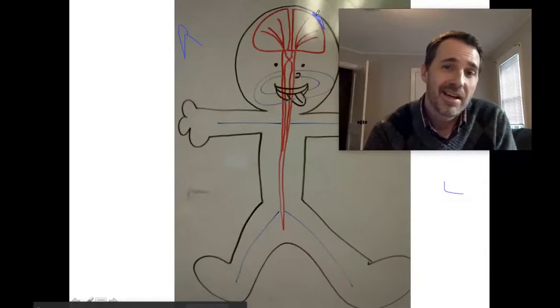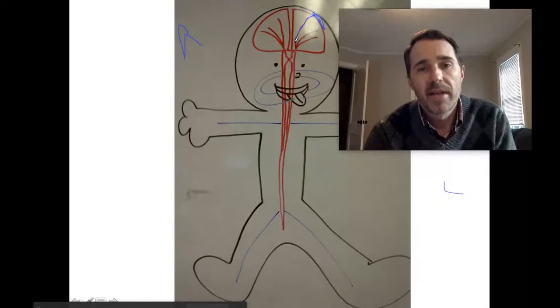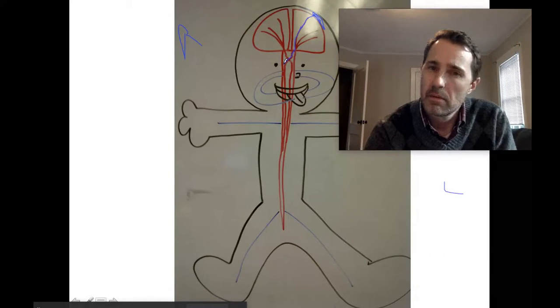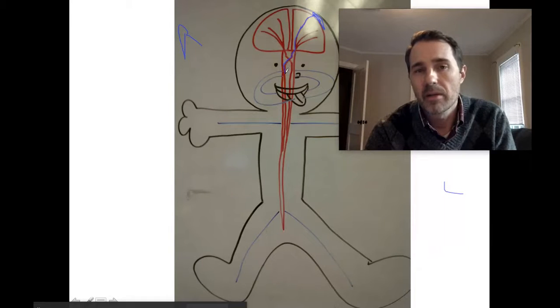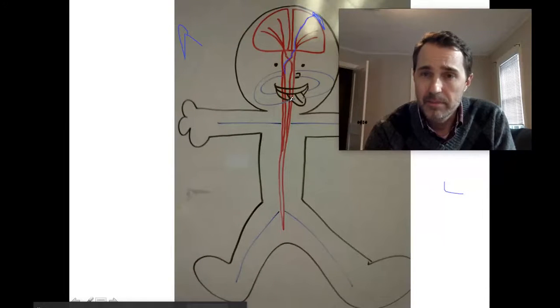So the left side of my motor strip sends a motor plan down along my upper motor neuron, and then it decussates to the right side of my body at the medulla, and then comes down a little bit more, still within my brainstem. At this point, that motor plan has to get from my brainstem out to my tongue.